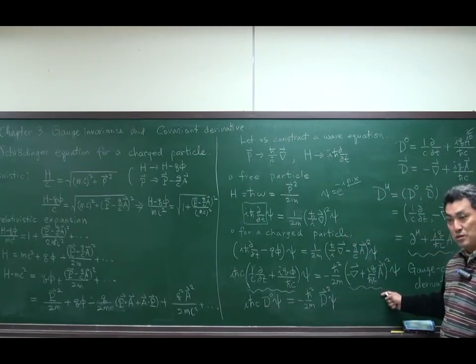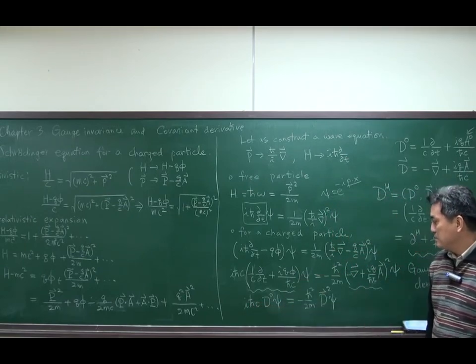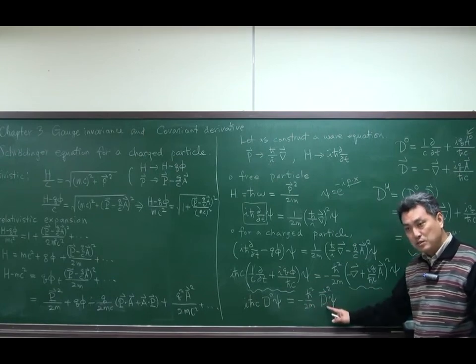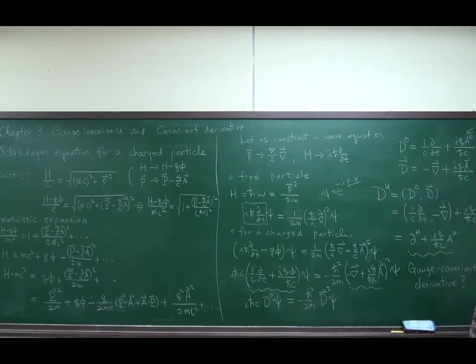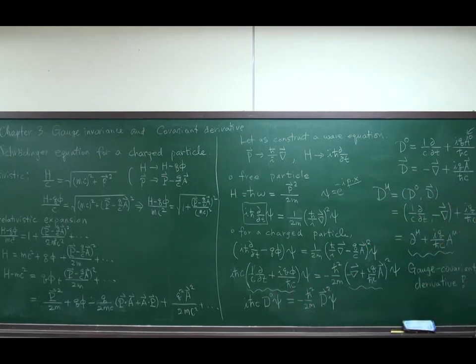Then the Schrödinger equation becomes i h bar c D0 psi minus h bar squared over 2m D squared psi, where D0 is this one and D vector is this one.